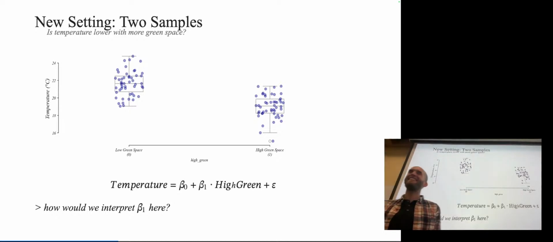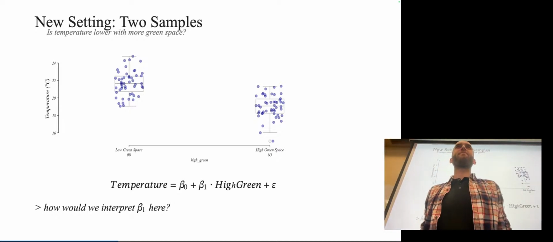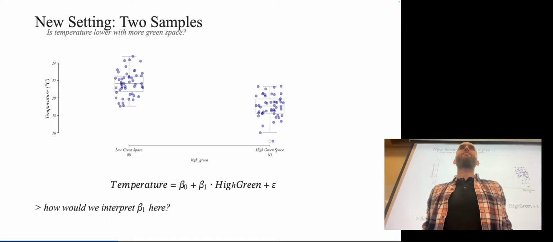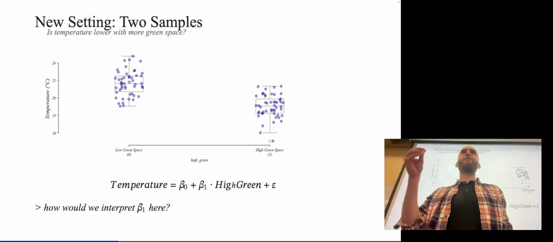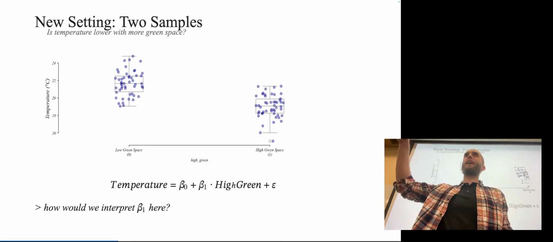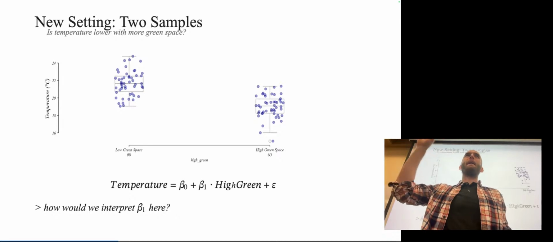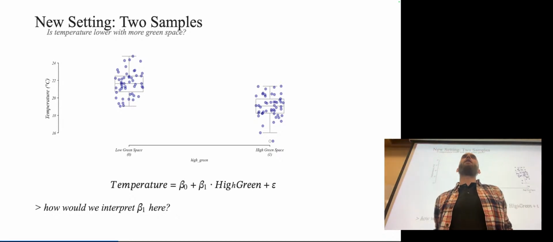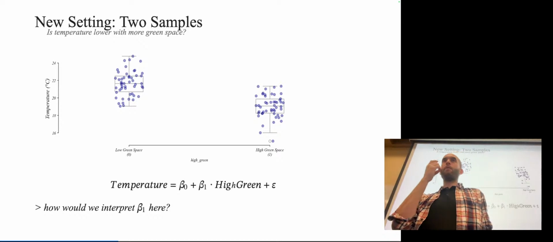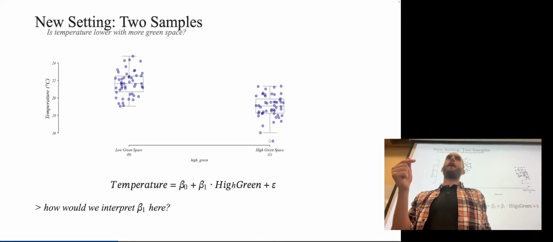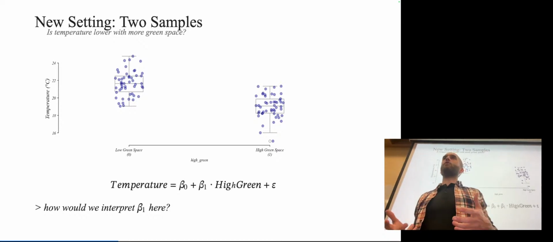Corin says, we increase our x variable by 1, which increases our y variable by beta 1, or changes it by beta 1. So what's a 1 unit increase in this model?